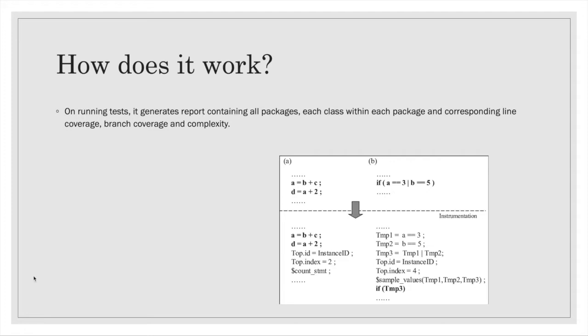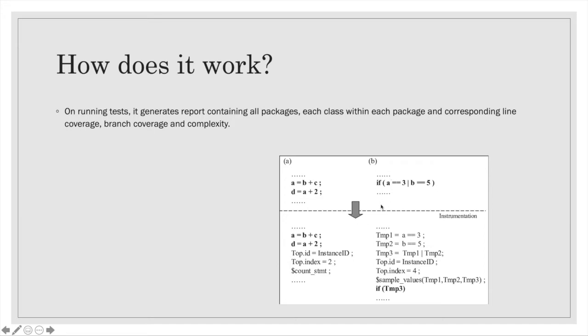As you can see in this example, you say you have a line of code A is equal to B plus C, or D is equal to A plus 2. That is 1. Now, when this executes, you will see that OpenClover will add more content to try and track the lines of code that have executed.